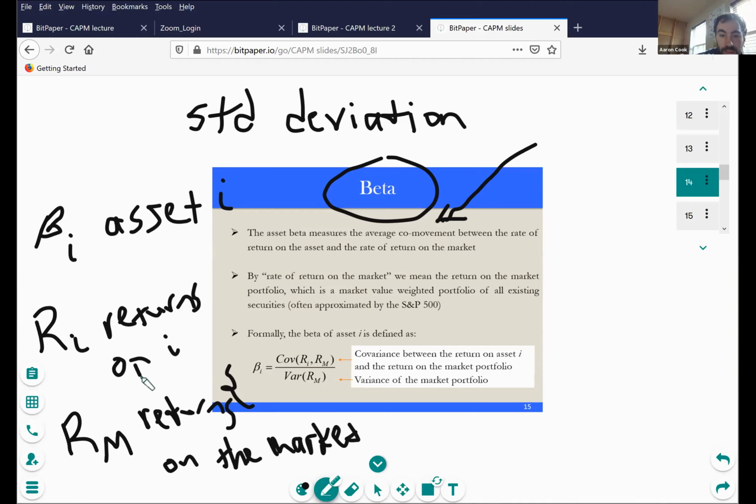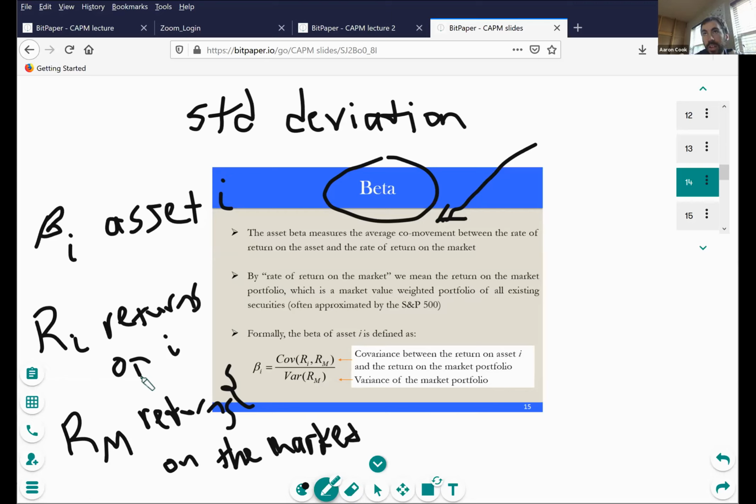And then we're going to do some analysis of those returns, the returns on I as well as the returns on the market, and we're going to compute based on this definition of beta.